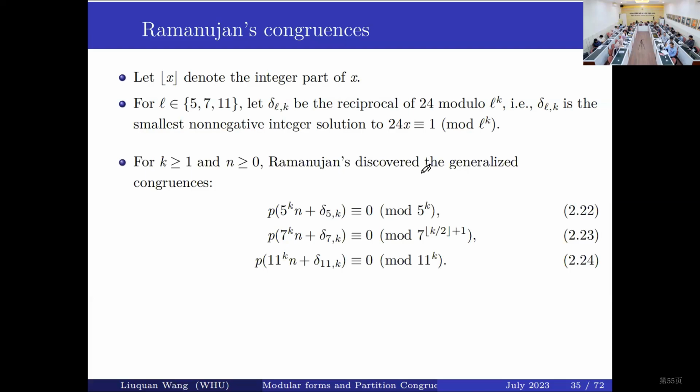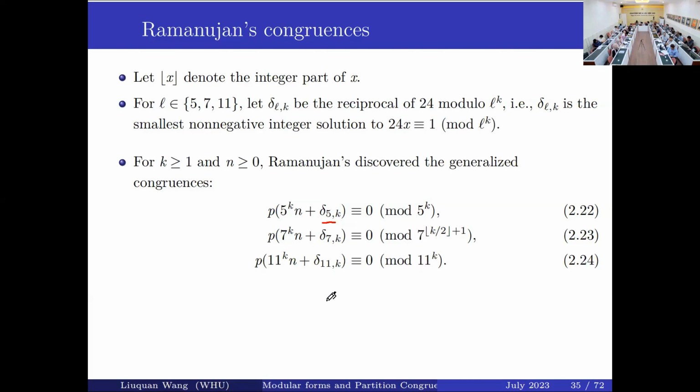And Ramanujan generalized the previous congruences. He discovered the following three sets of congruences. That is, for any positive integer k, p of 5 to the k-th power times n plus some delta is always divisible by 5 to the k-th power, and similarly for the powers of 7 and powers of 11.